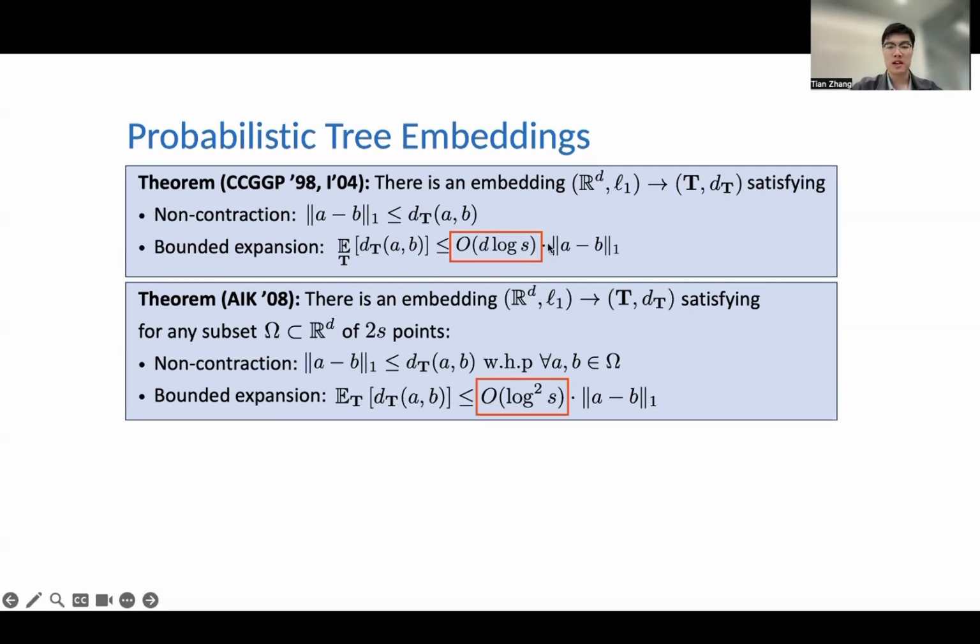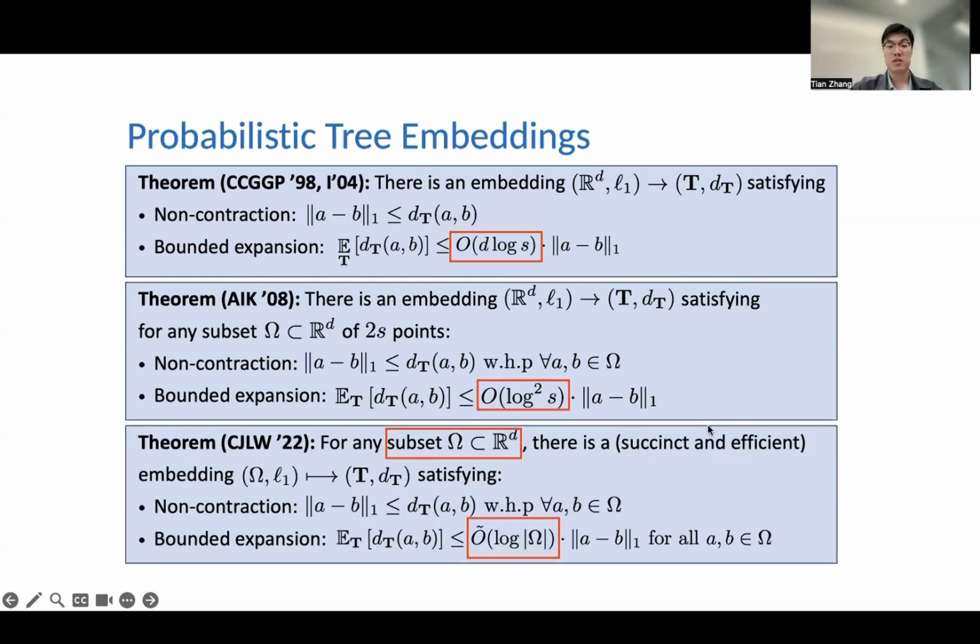As you can notice here, the distortions of their tree embeddings really correspond to the extra factor in the ANN data structure for EMD. Okay, beyond these two, let me introduce one more.